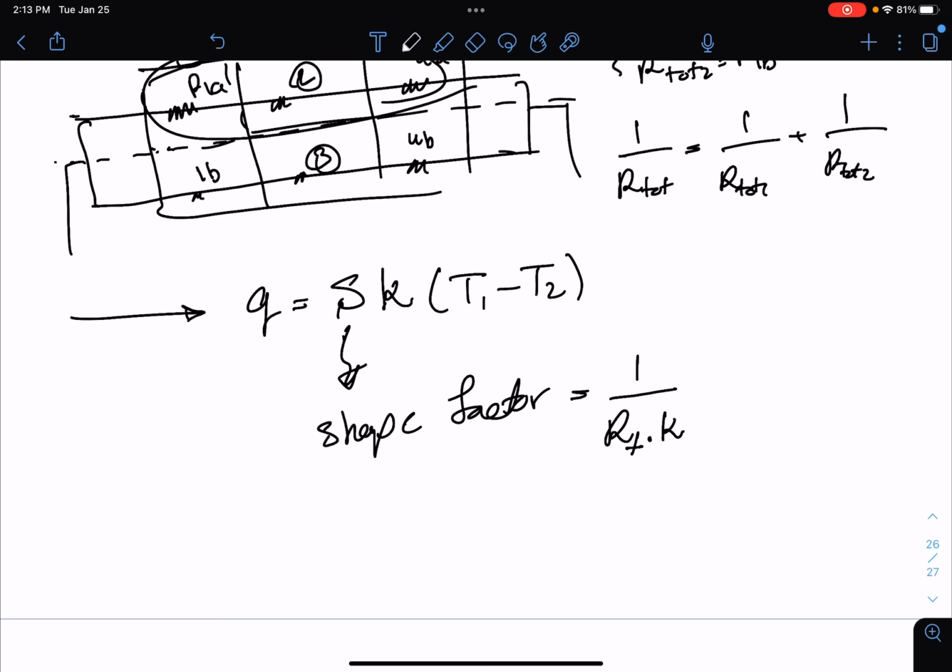It's essentially the same thing as resistance, just the reverse of it. And we have two tables included in the lecture notes that give you the shape factor S for different configurations. So make sure to have these during an exam if you need them.